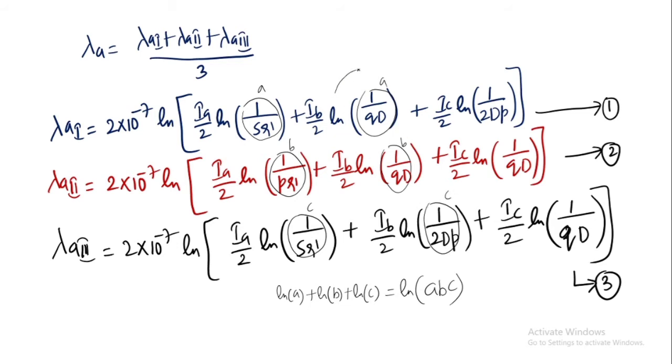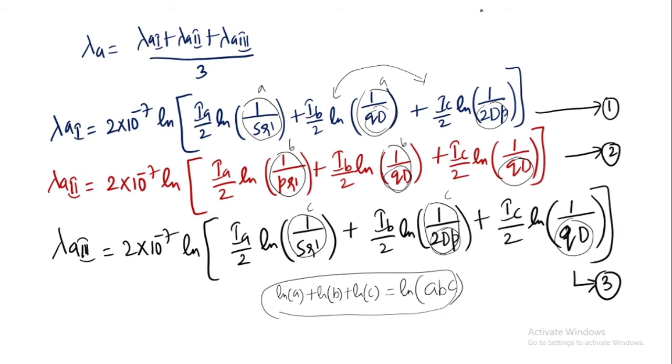If you observe the second and third terms for each and every equation, you have one natural logarithm as common. See, 2 terms with QD and one term with 2dP. Here also 2 terms with QD and one term with 2dP. So the natural logarithm will be same when you apply this formula for the second terms, and also for the third terms, you will get the term inside the natural logarithm as same.